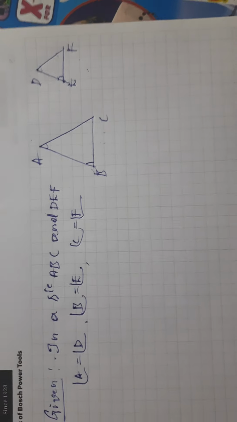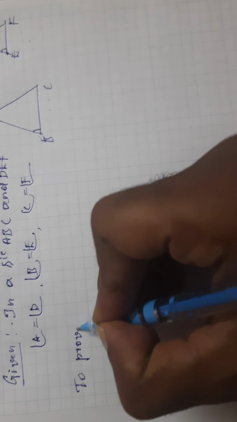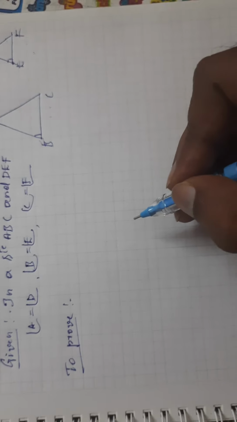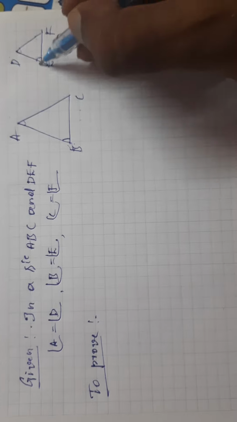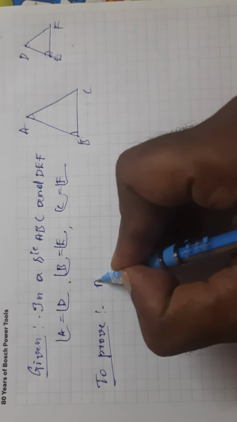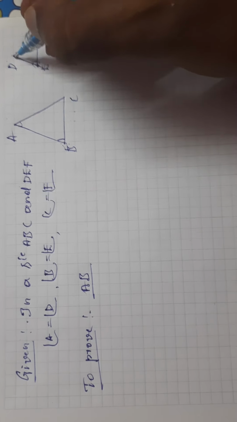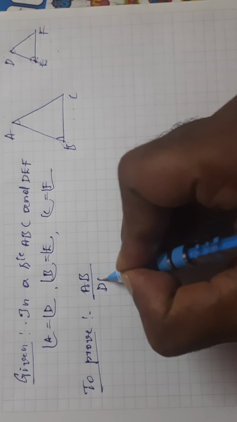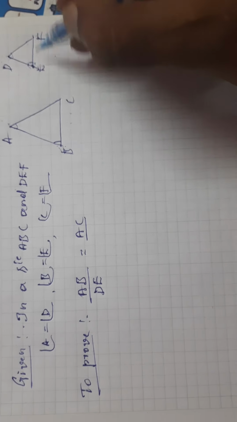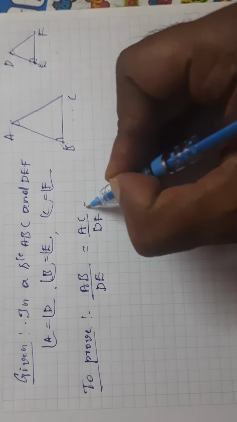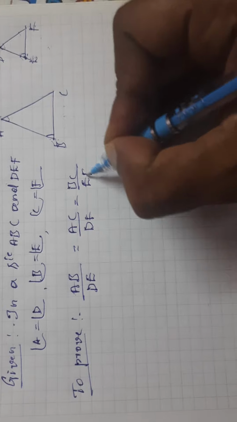Now come to this one. So to prove that the corresponding sides are in the same proportion, that is AB divided by DE, AC divided by DF, and BC divided by EF, we need to prove this one.